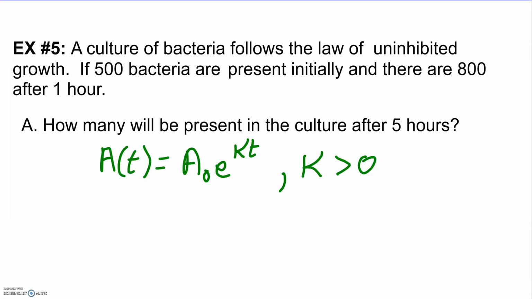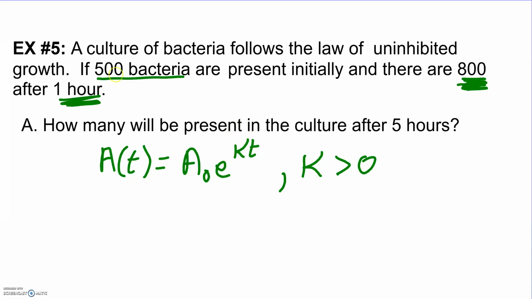So let's look at this problem here. We've got a culture of bacteria following the law of uninhibited growth. We start out with 500 bacteria present initially, and then we know there are 800 after 1 hour. Now, what the 800 after 1 hour helps us to do is figure out what this constant K is going to be.